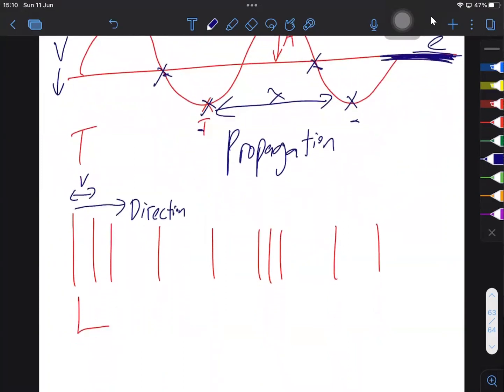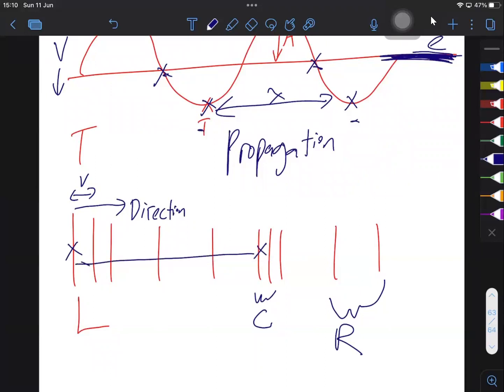This is rarefaction. Wavelength is here to here. Is it one wavelength? No, it should be as soon as it starts repeating itself. Also, here to here is considered one wavelength.